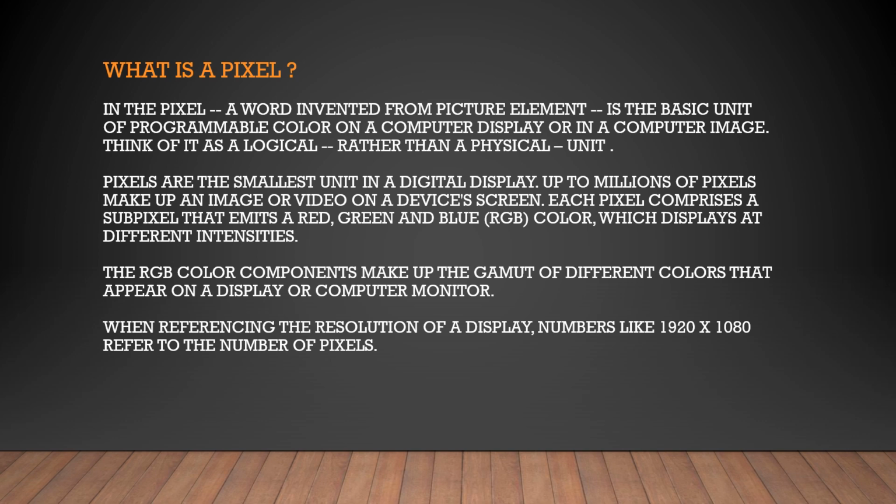The RGB color components make up the gamut of different colors that appear on the display or computer monitor. When referencing the resolution of a display, numbers like 1920 into 1080 refer to the number of pixels.